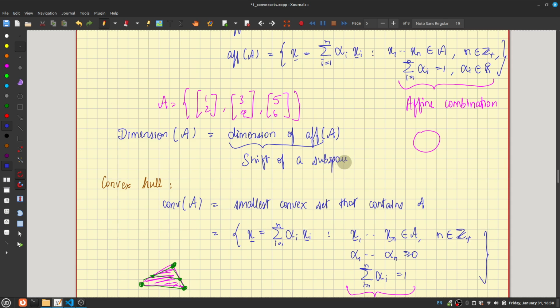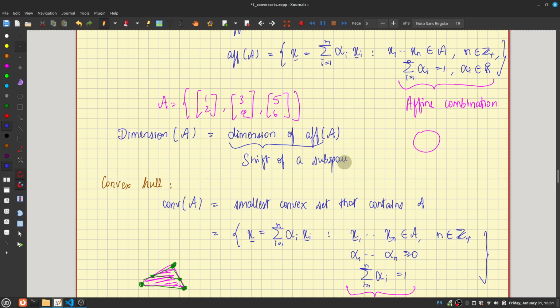Correct? So for example, in R3, you take a plane in R3. What is the dimension of the plane in R3? It's 2. Right? Because it's the shift of a 2-dimensional subspace. Correct? Similarly, a line in R3, the dimension is 1 because you can view it as the shift of a 1-dimensional subspace of R3.